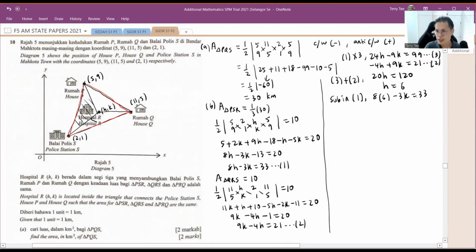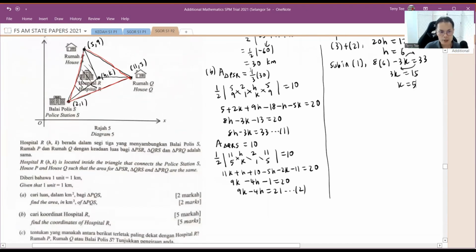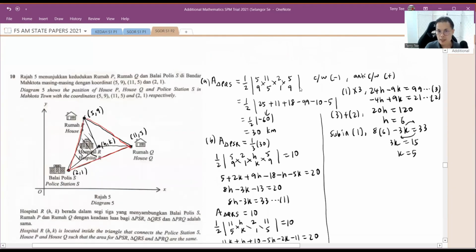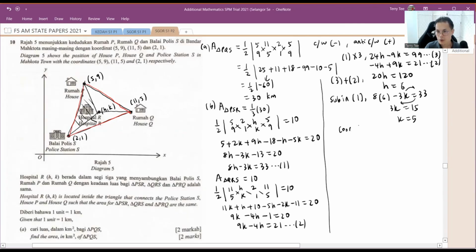So it's 48 minus 33 is 15. 3K, I bring this over. 8 times 6 is 48. Minus 33 is 15. So K is just 5. So you're finding the coordinate of point hospital R, which is H, K, right? So your coordinate of point R is 6, 5.